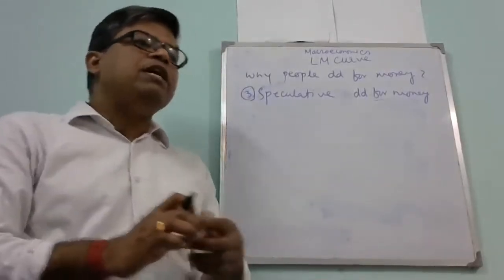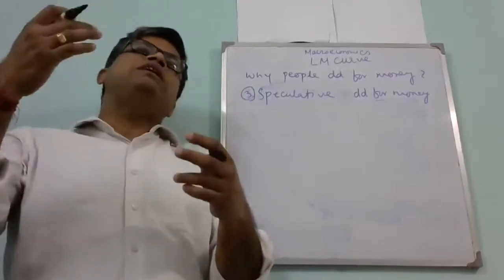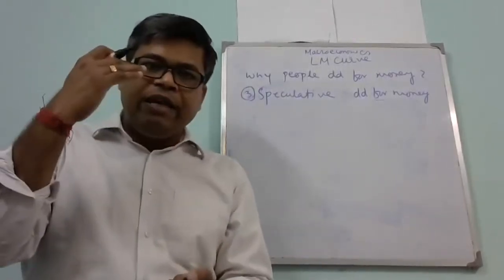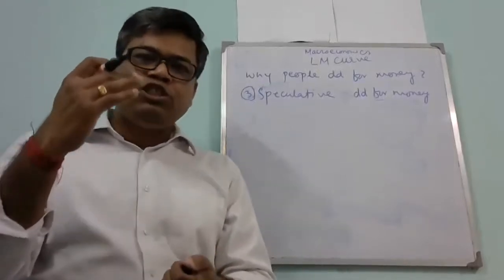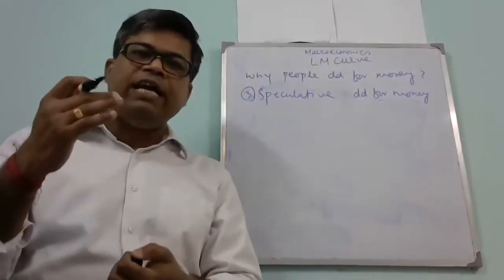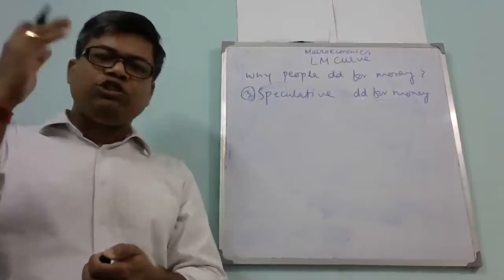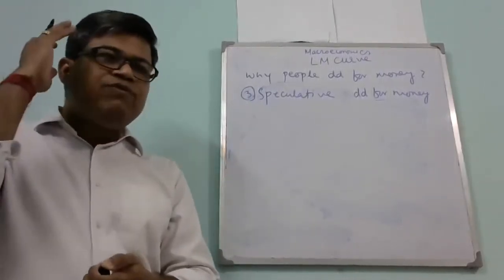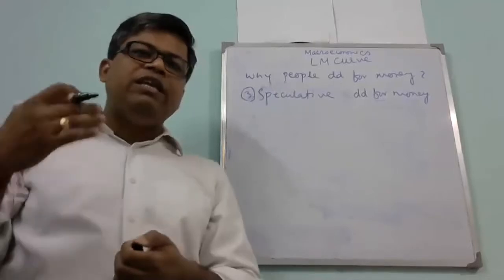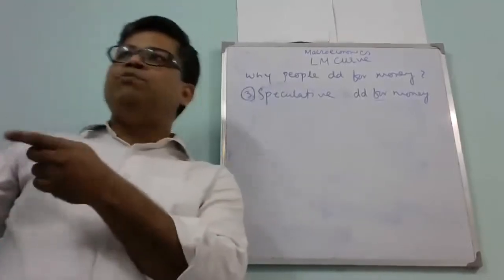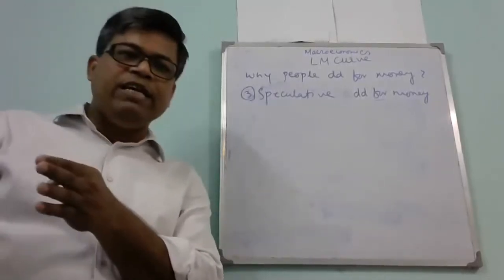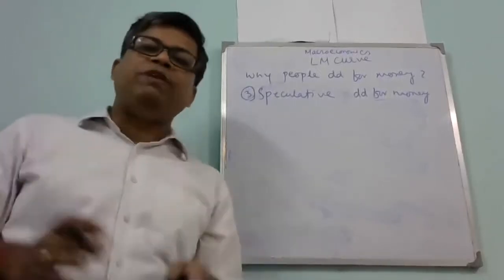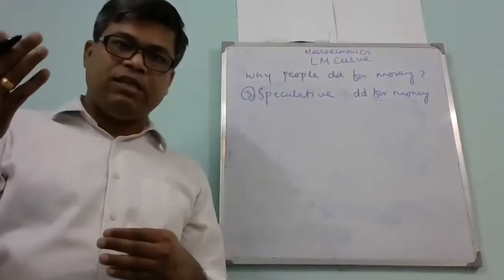Suppose speculation in the stock market or the bond market: most of the time the price of stocks and bonds is guided by speculation. Psychologically, if someone speculates that in the near future the price of X bond or stock will increase, then the demand for that particular stock or bond will be much more at present. That is a kind of speculation.